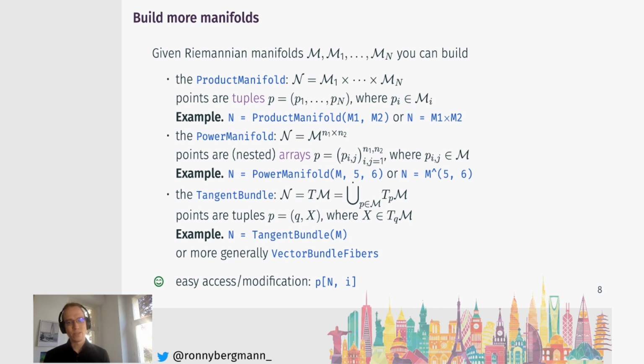That is, the manifold and the collection of the tangent spaces also form a manifold. So that's N is the tangent bundle of M. Or more generally, we also provide vector bundle fibers. And we implemented an easy way to access the elements for product and power manifolds. So with array access and the first element set to a manifold, you can easily access the ith element on the power manifold or product manifold if P is such a point.